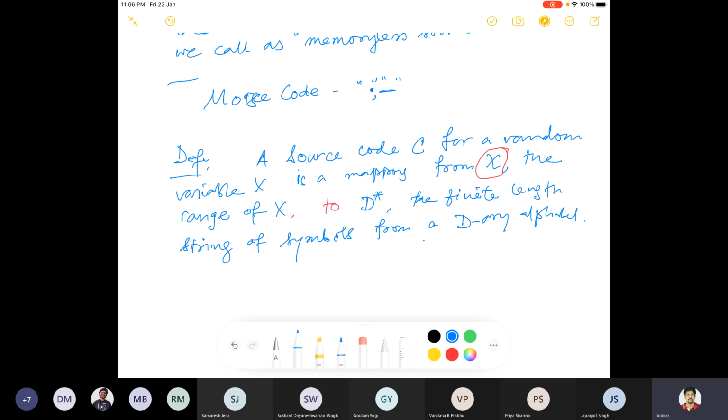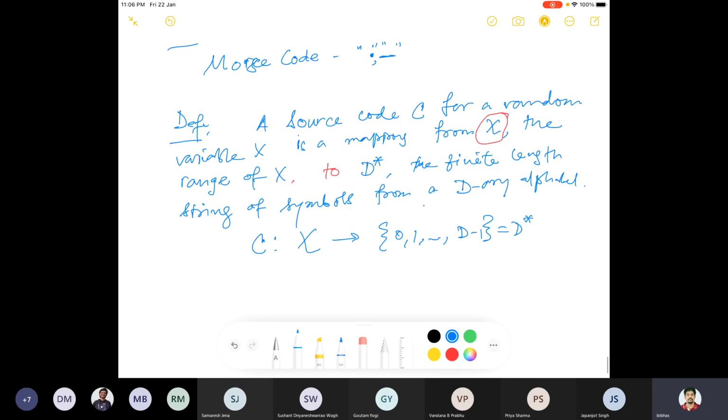What do I mean by this? C is basically a mapping from X to D star, where the alphabet is 0, 1, up to D minus 1. Like I said, binary digits: you want to code each of the sample points, or the inputs, using 0 1s. It need not be 0 1; it could be 0 1 2, 0 1 3, 0 1 4, and so on, whatever you want.